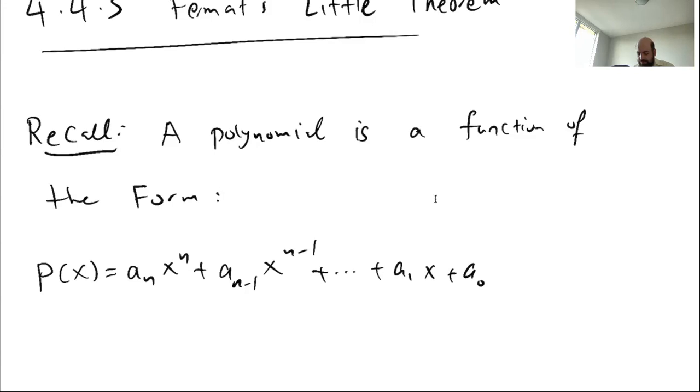In number theory, polynomials with coefficients chosen from the set Zp equals 0, 1, 2, to p minus 1 are considered.